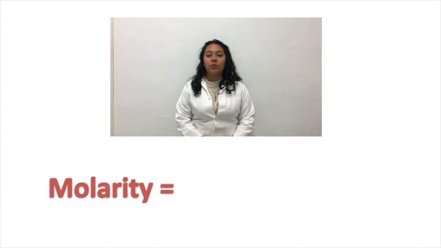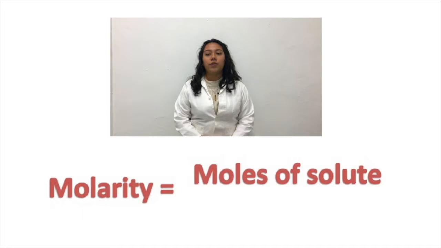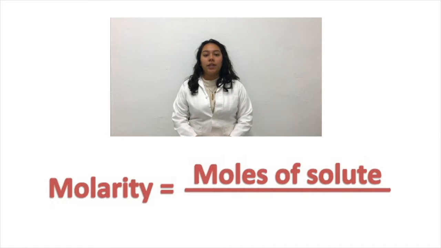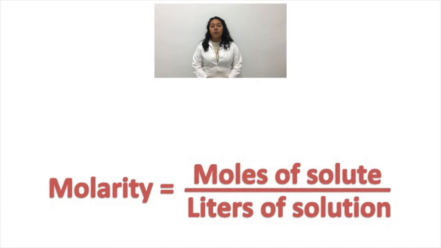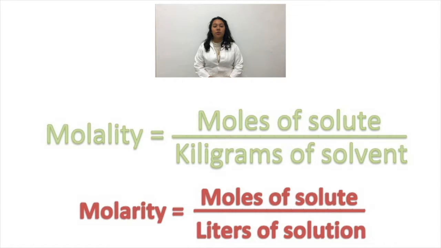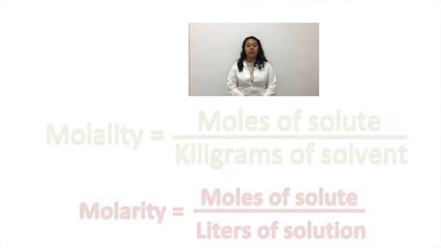First, when the concentration is expressed in moles of solute per liter of solution, it is called molarity, represented by the capital letter M. Second, molality, which represents the number of moles of solute dissolved in 1 kilogram of solvent and can be represented as lowercase m. This specific type of unit is used mostly for boiling point elevation and freezing point depression.